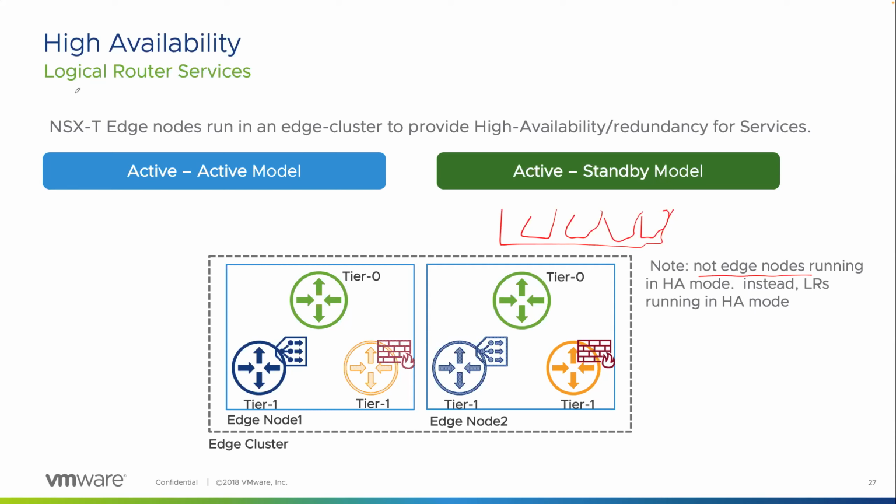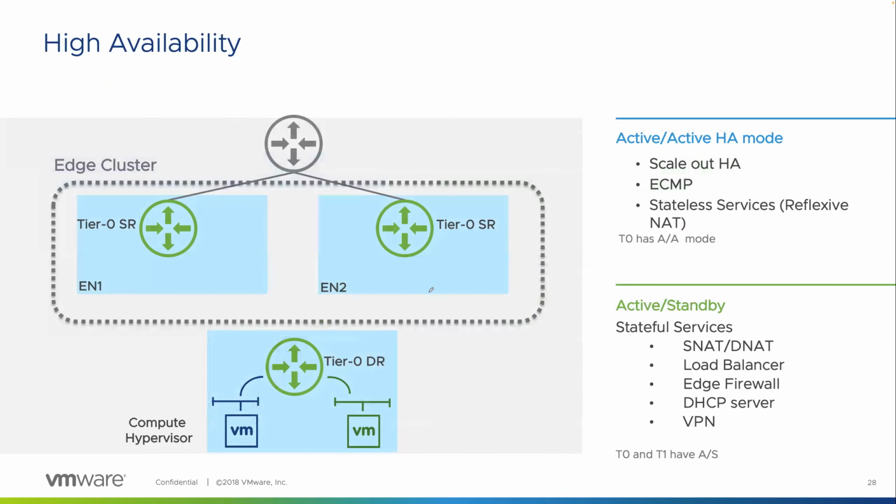For every logical router, we have two HA modes: active-active and active-standby. For tier 0, we have active-active, and we also have active-standby.